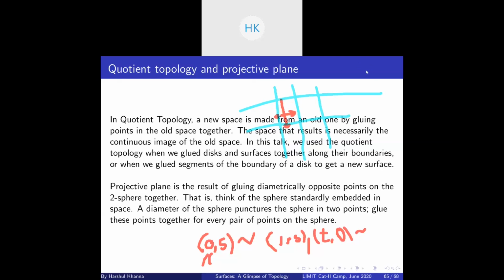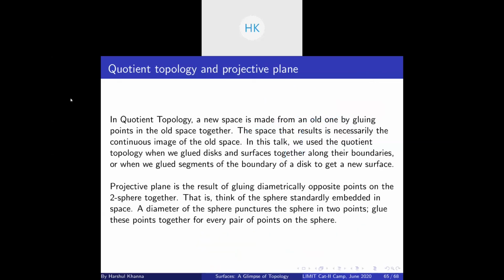So as we saw earlier, this is just the torus, right? So we have realized it in a quotient topology sense. Similarly, you can give this quotient topology for different types of surfaces, let's say, suppose you are working in hyperbolic space.